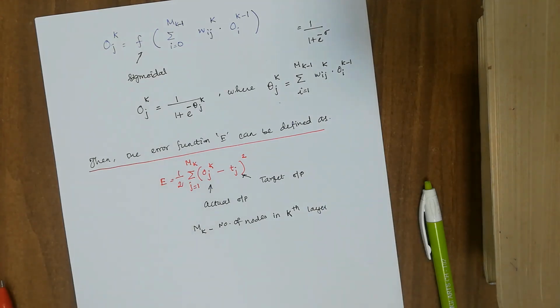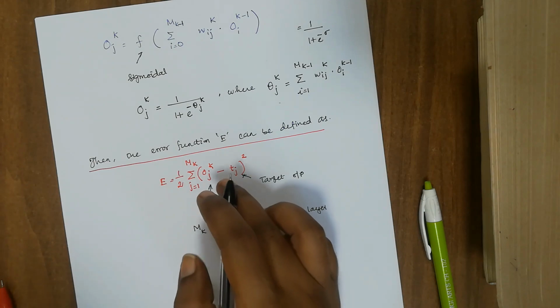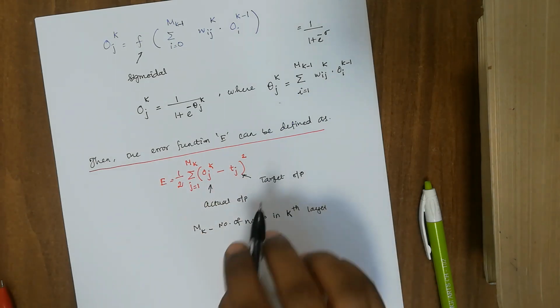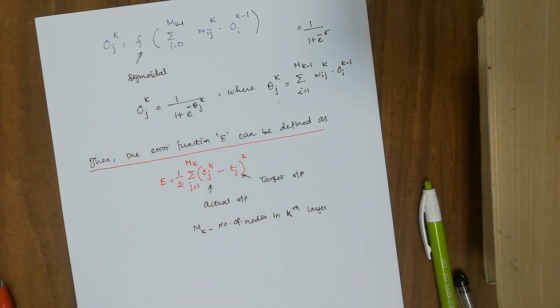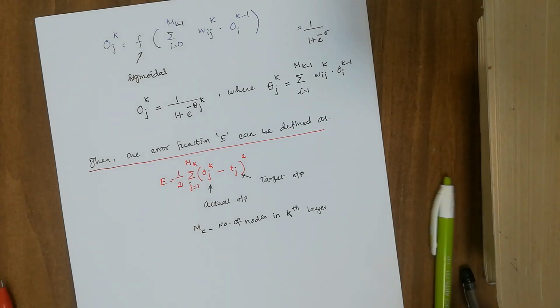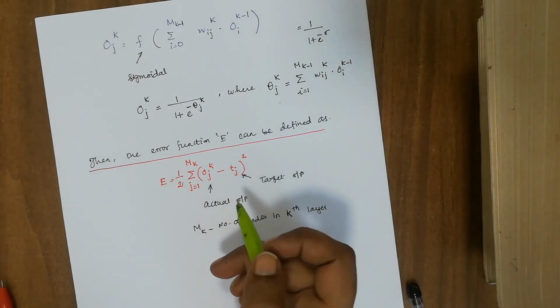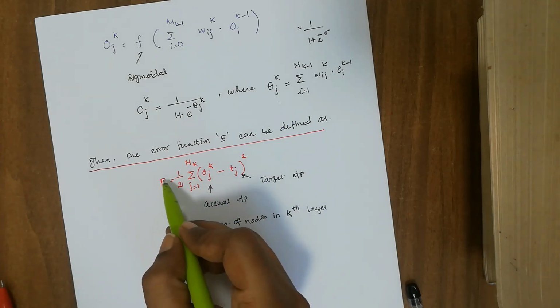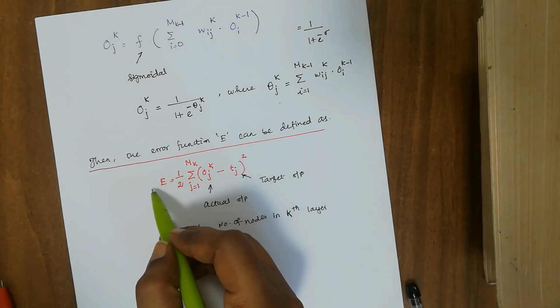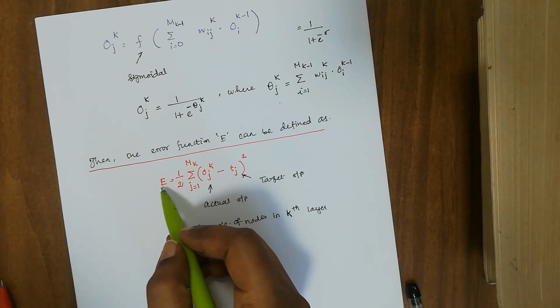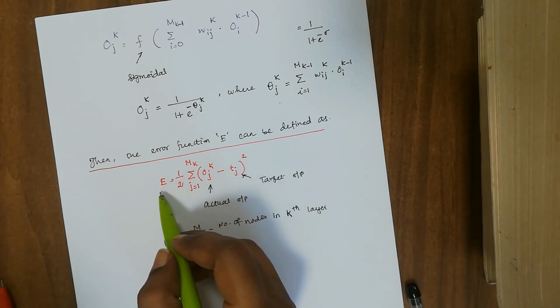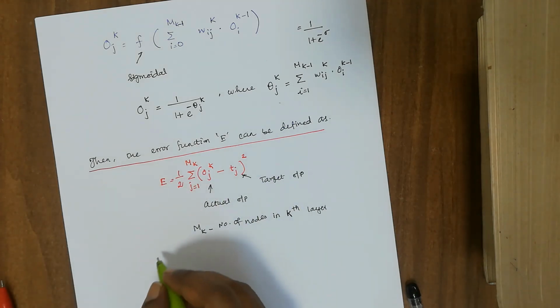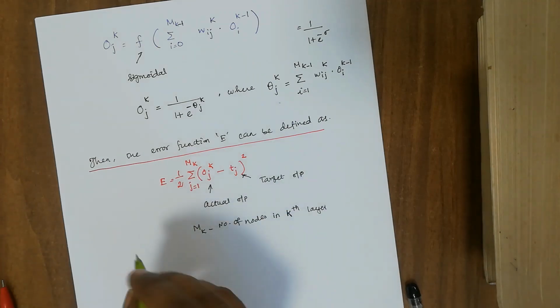Once we define this error function, as usual we have to update the weight vectors, which is wij, by taking the derivative of the error function, taking the derivative of E with respect to wij. So we have to use the gradient descent procedure.